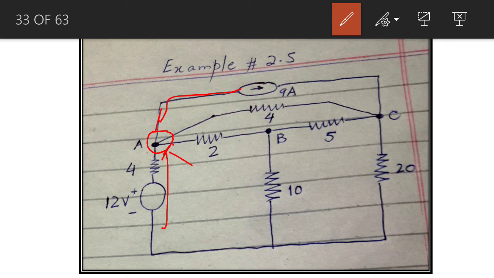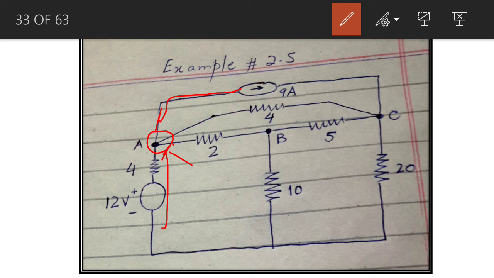If the current of the current source is moving away from the node, this current will be negative. If it is moving towards the node, it will be positive.